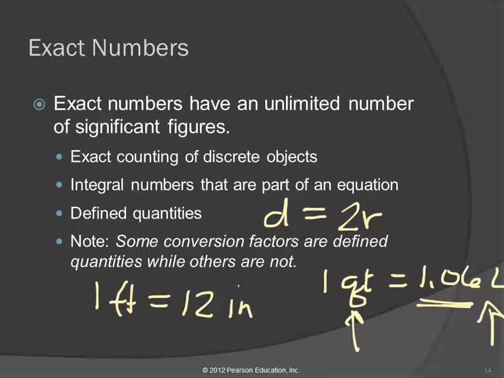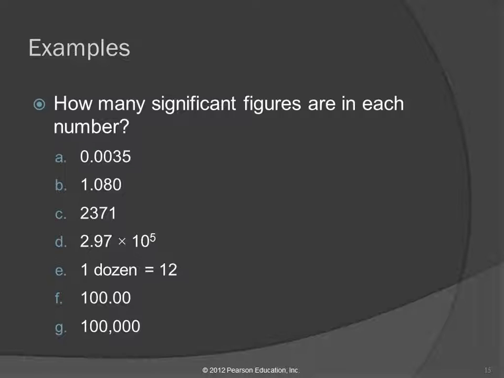So a number like 1.06, how many significant digits does that have? 3. The 1 and the 6 are givens, because anything that's not a 0 you count. The 0 is a trapped 0, and all trapped zeros are counted. So exact numbers. So here's some examples. How many significant figures in each number? 0.0035. 2.